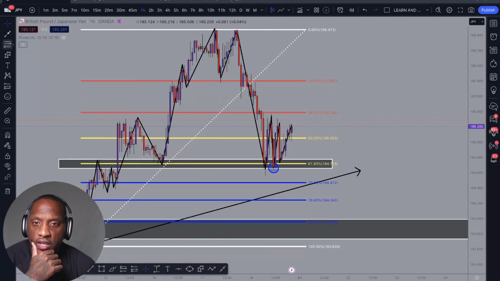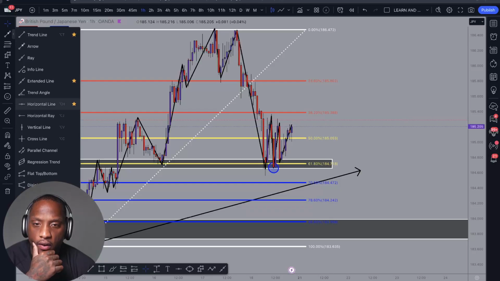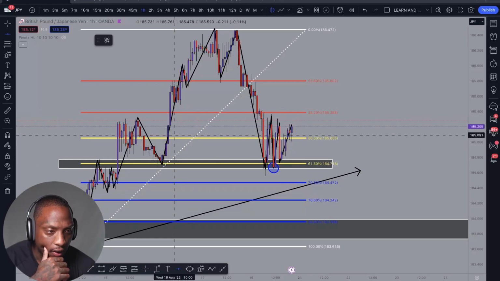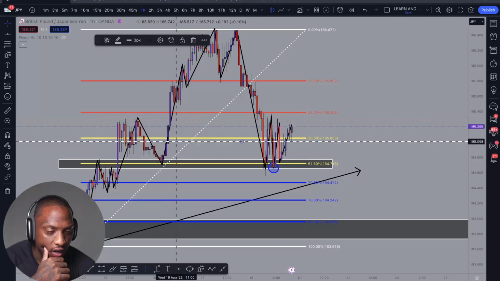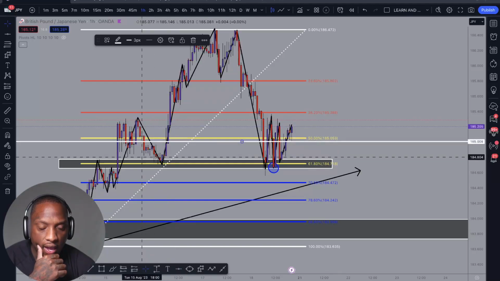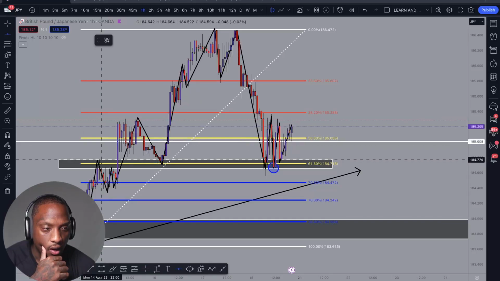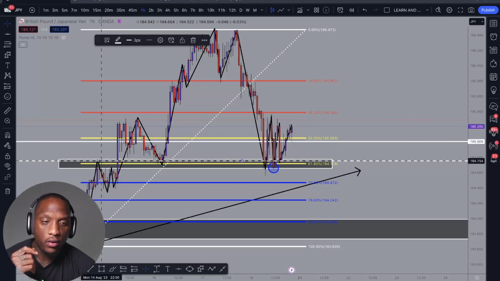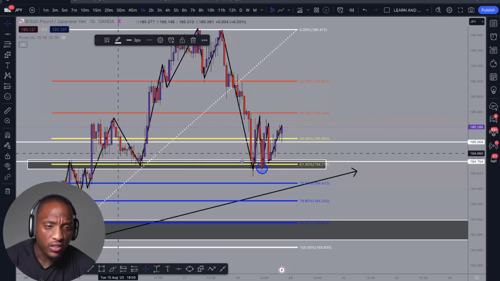What I'm seeing is that as of right now, we just want to wait, right? We just broke the major of the 185 flat, and we want to wait and see where price is going from here. The 750 also is being respected as well.